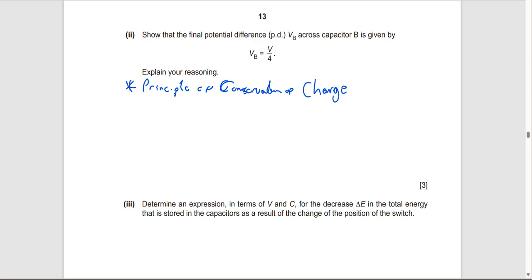Principle of conservation of charge. And in this case, they wanted you to also state the condition that VA becomes equal to VB. So state these two for your next paper.